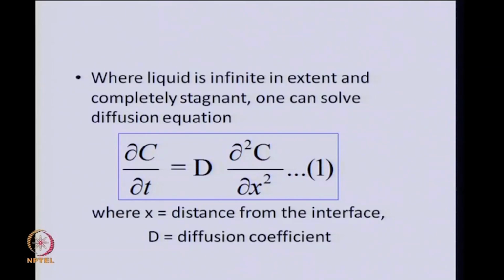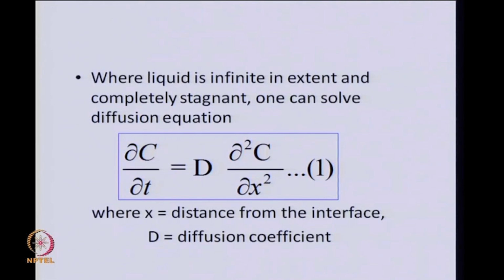Then the solute concentration, which in this equation is capital C, will depend on time and how far the point under consideration is from the interface where the transfer begins. At the interface, like in that case, with the concentration equal to C A star, we have a constant concentration there, a boundary condition corresponding to a constant concentration.